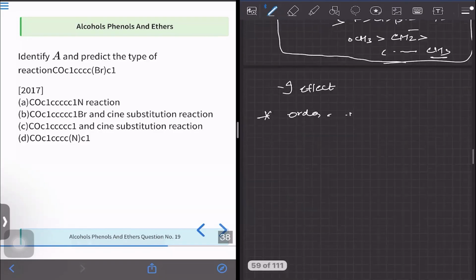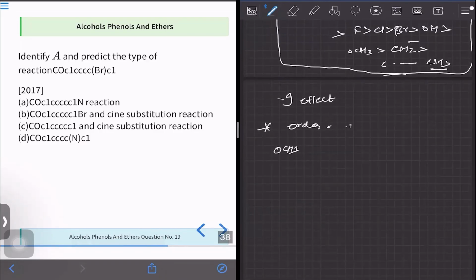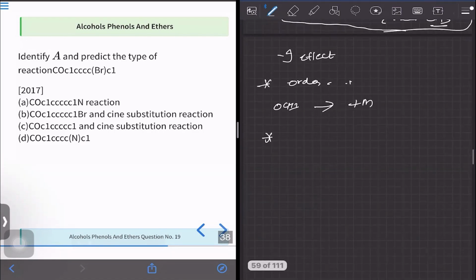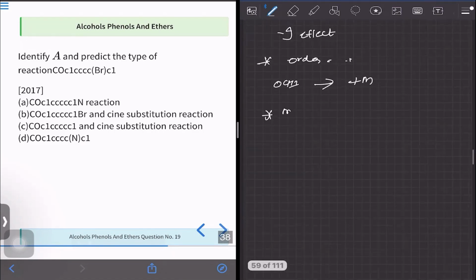We also know that OCH3 also exhibits plus M effect. What is plus M effect? That is the mesomeric effect. What is meant by plus M?